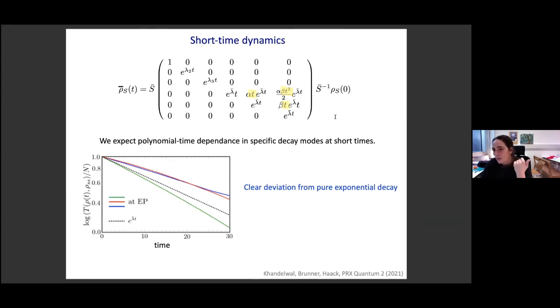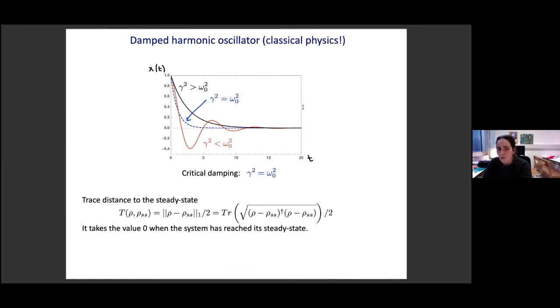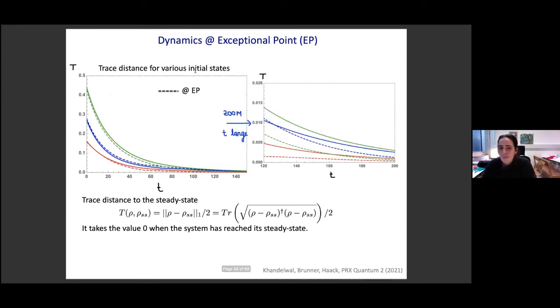I was more interested in determining whether there are different types of signatures on the dynamics, like critical damping, but maybe by looking at phase transitions, whether there can be easier signatures for different orders. Okay, thank you. You're welcome.